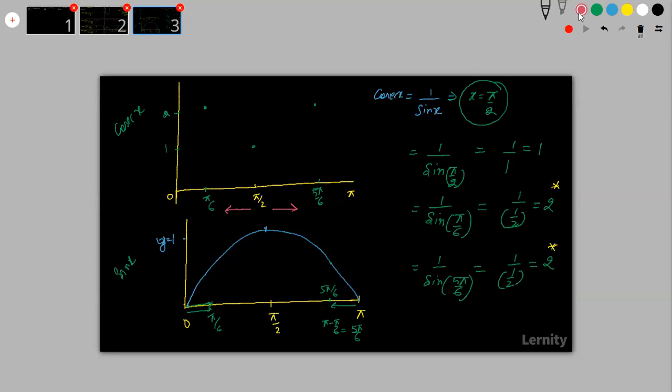Sine x on both parts is symmetric. So that means the 1 by sine x curve is symmetric about this point. So pi by 2 on this side, pi by 2 on this side, it will be symmetric between 0 and pi.